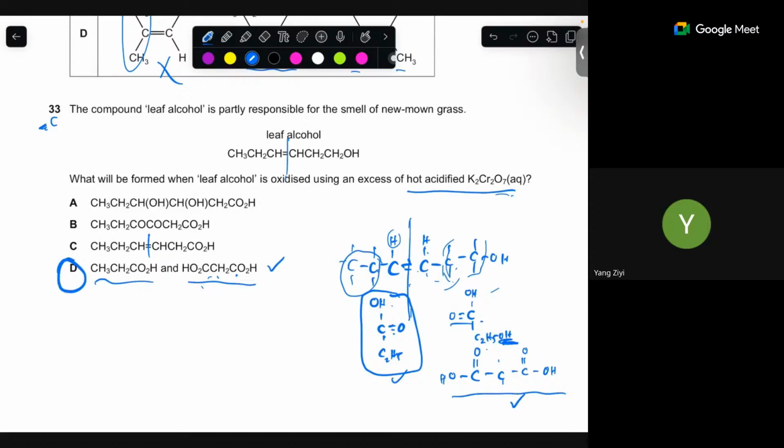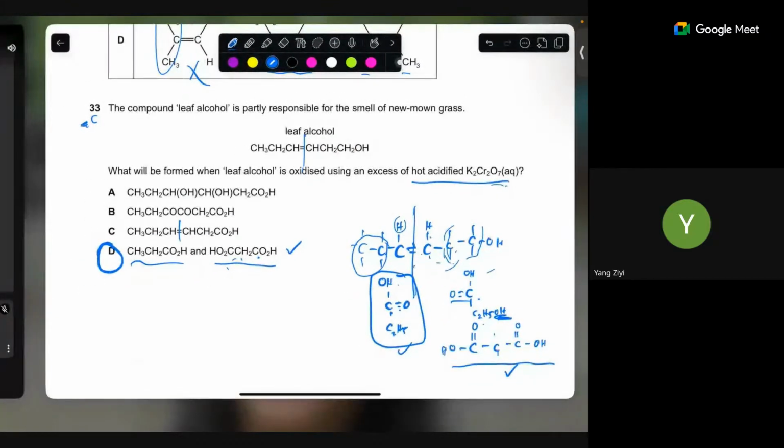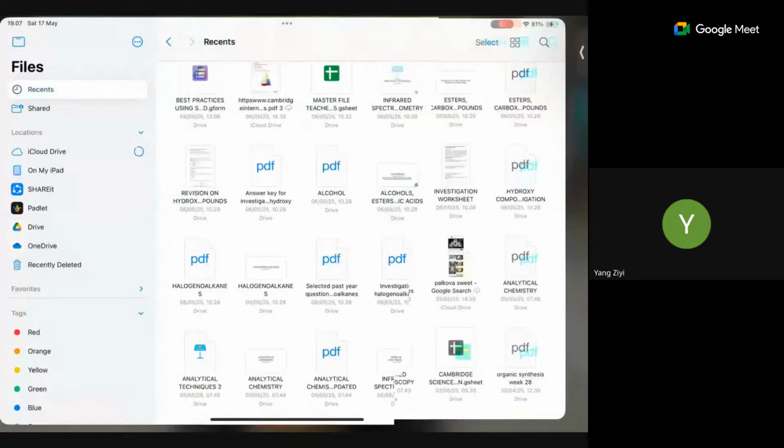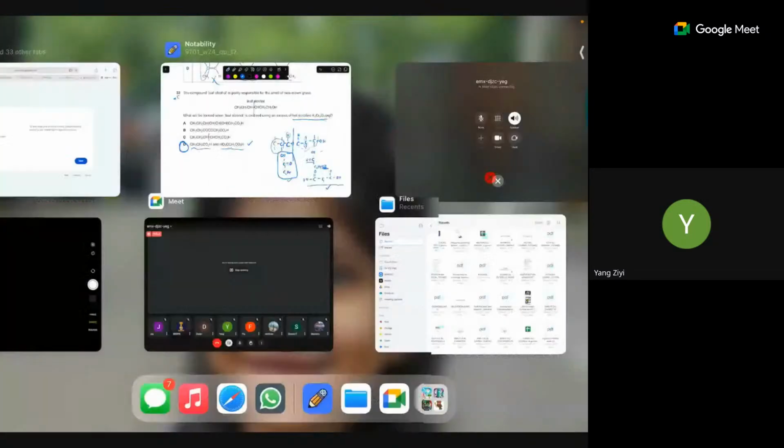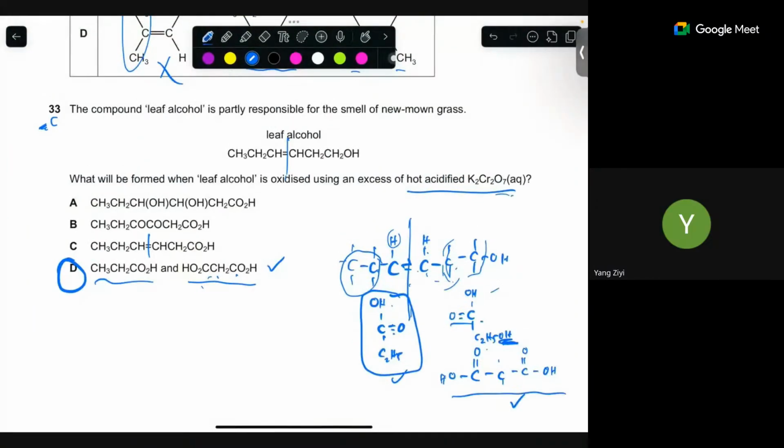Yeah, I think it's D. Let me check. I think to save time, we check. Yeah, I think the answer should be D. Yeah, I checked just now it's C. But let's check. This one should be this and this. So this one I think D. But if it is wrong, then later we can check again.